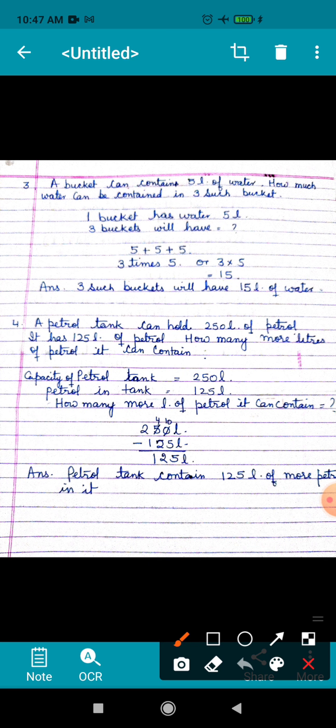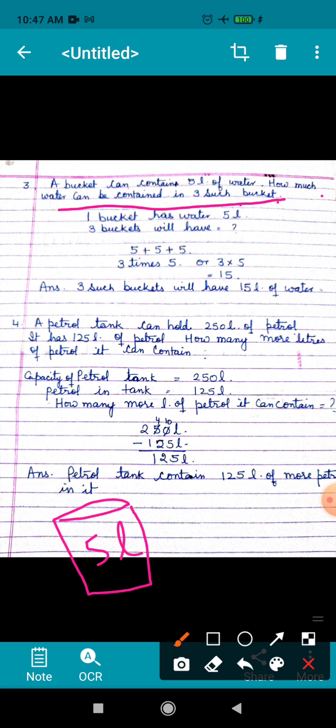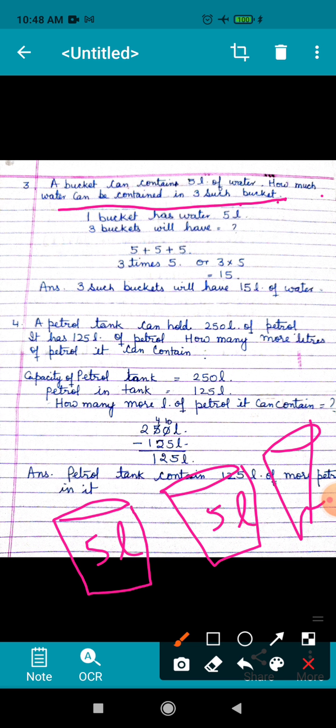Now question number 3. A bucket can contain 5 liter of water. Children, this is a bucket and this bucket's capacity is 5 liter. How much water can be contained in 3 such buckets? Now you have 3 buckets, and you have to tell how much water can be contained in 3 such buckets.